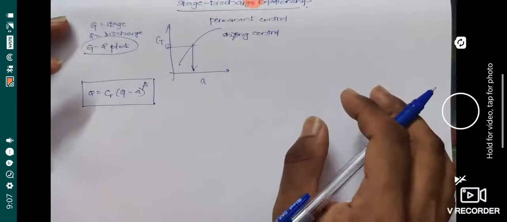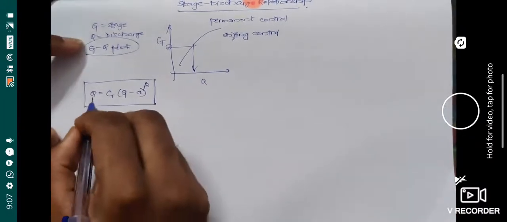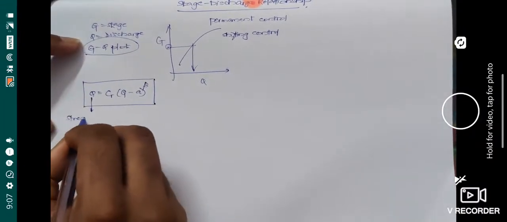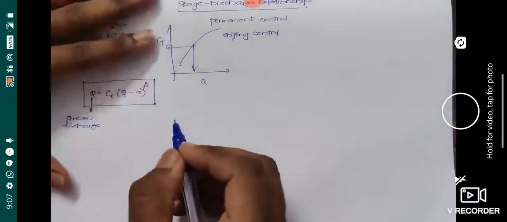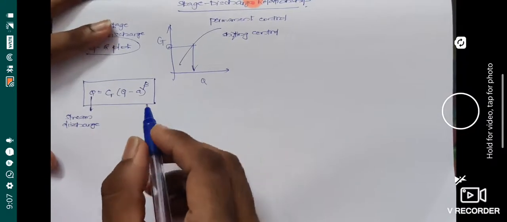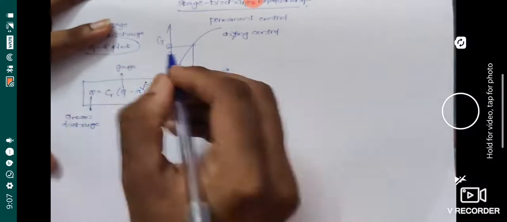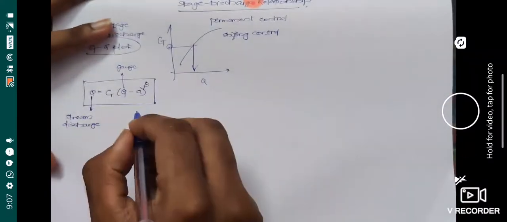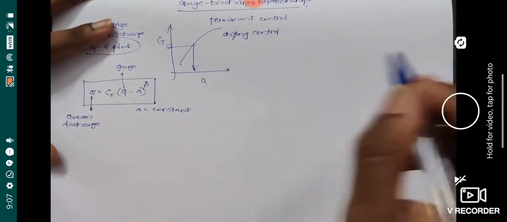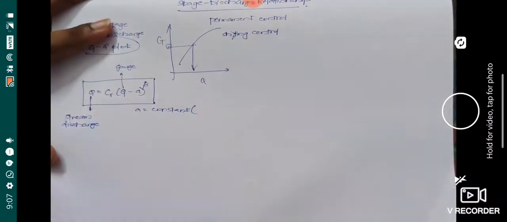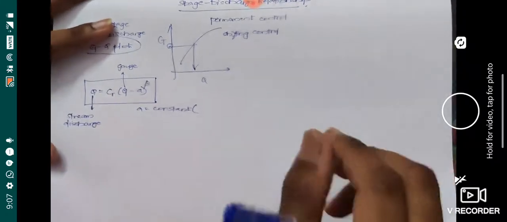In this relation, Q is the stream discharge, the discharge through the river, and G is the gauge height or the level of water, the depth of water. Then A is a constant which represents the gauge reading corresponding to zero discharge. That means when there's no discharge at all, what is the gauge?